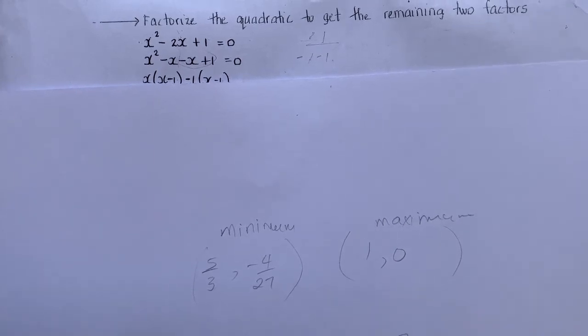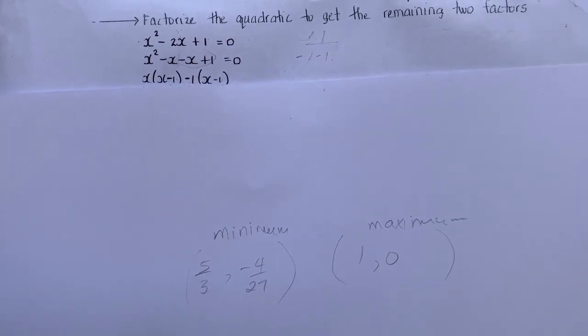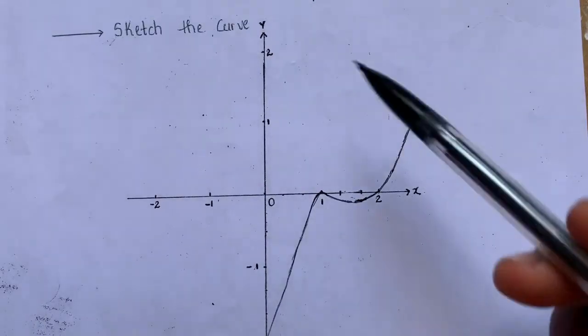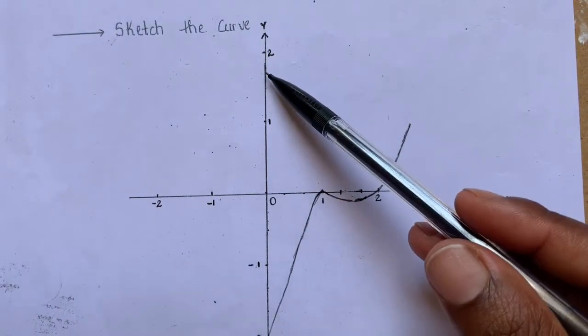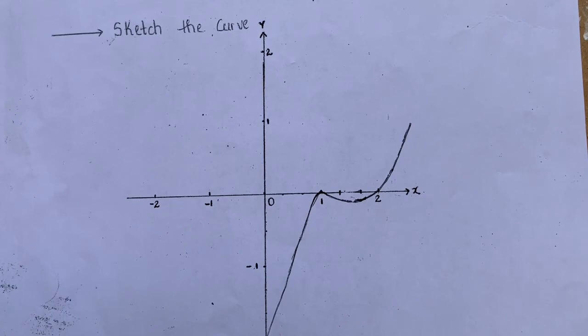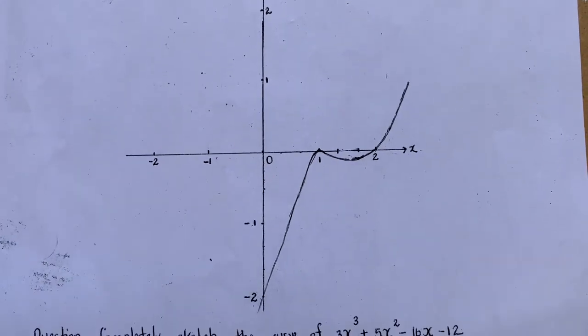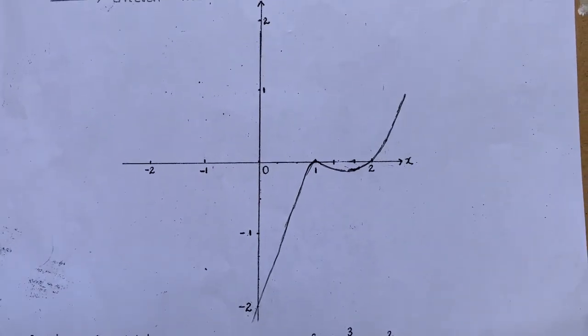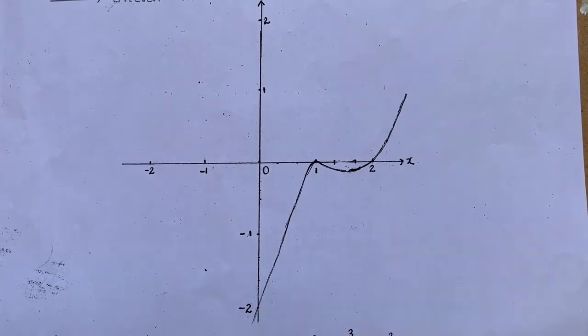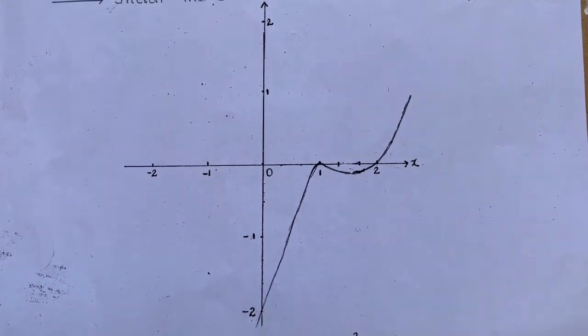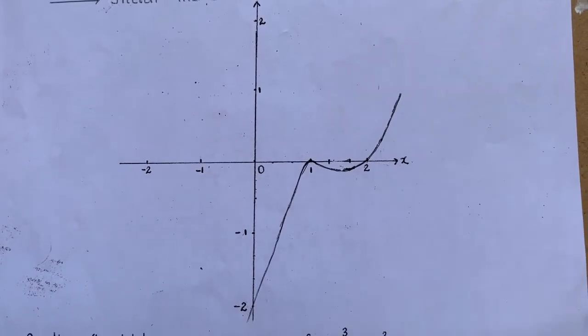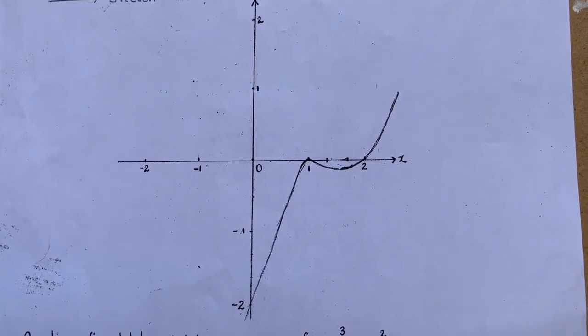So let's put all of that information on a graph. So we have our scale going up to 2 and negative 2 on the y, and down on the x as well. So first, our stationary points. We had 5 over 3, which is approximately 1 and 2/3.